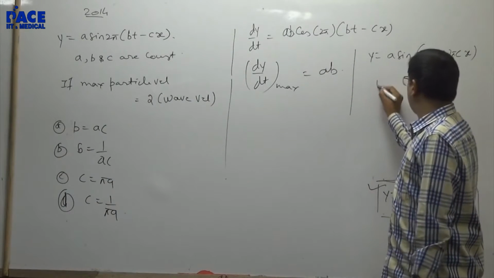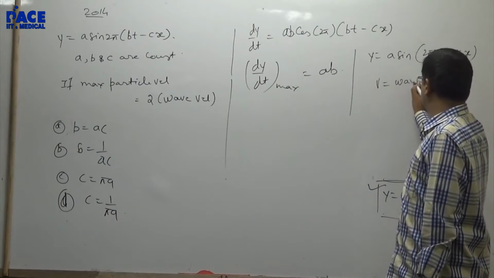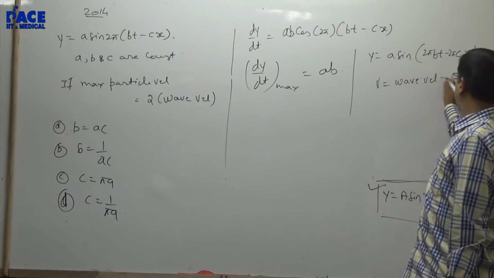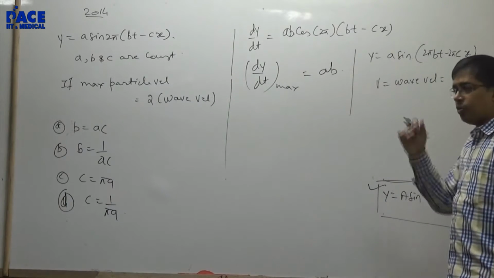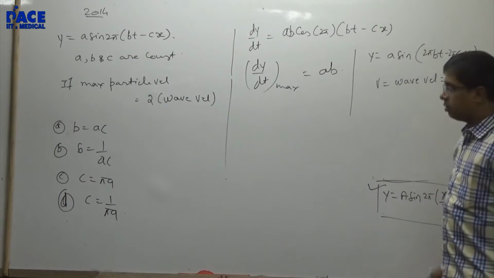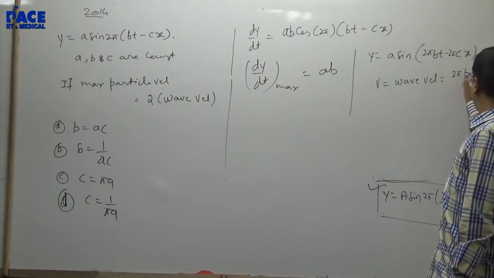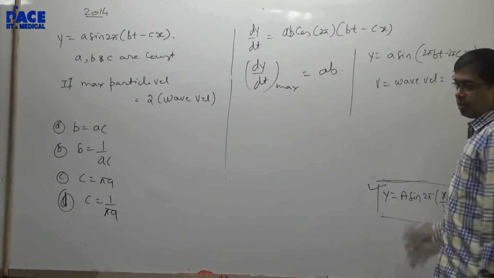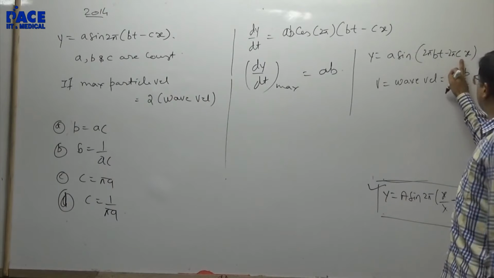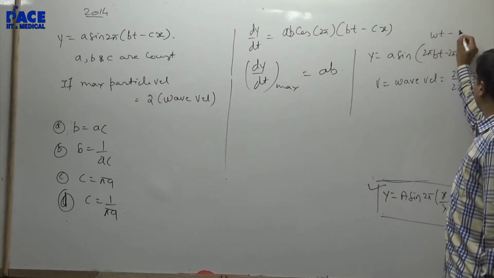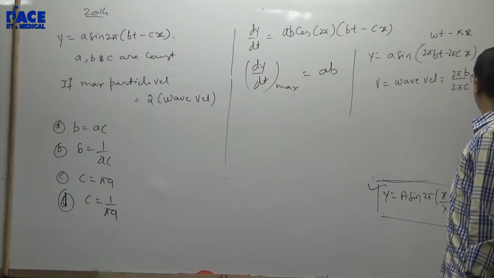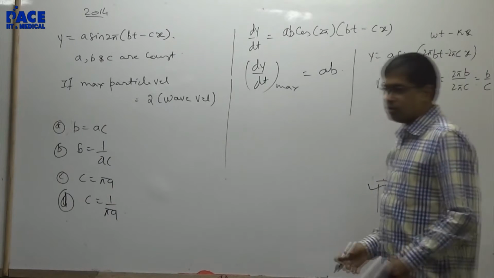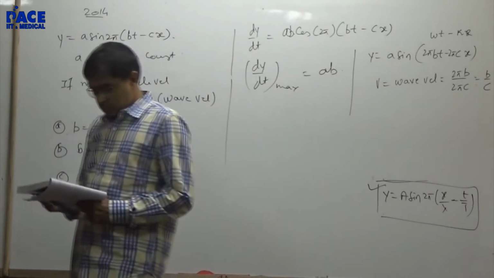What will wave velocity be? Wave velocity in terms of omega and k is omega by k. 2 pi b by 2 pi c. This is omega, this is k. Omega t minus kx. Right? This will be b by c. Now apply your relations, you get the answer.